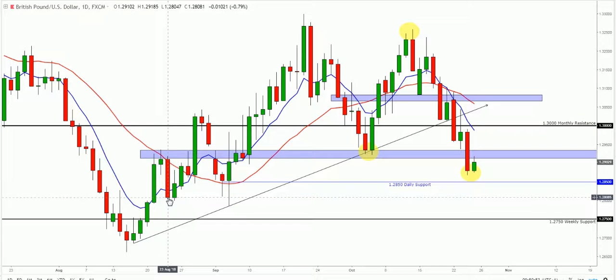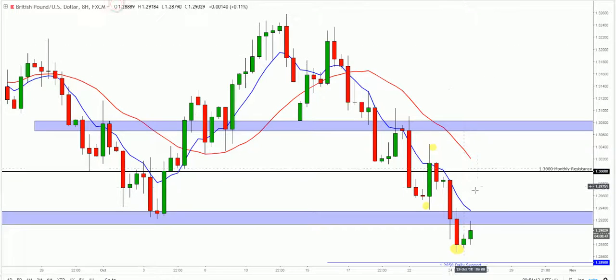This was a good 100 pips or so that price did fall. So again, we could be seeing that weekly support being met relatively soon.